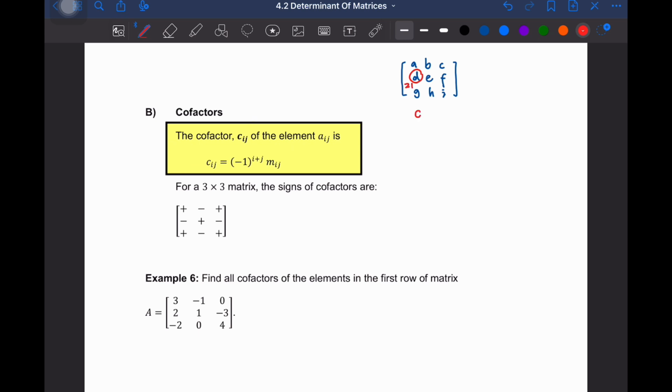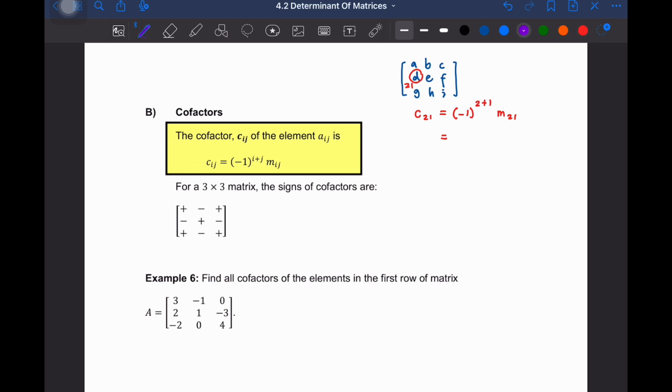So I will write it as C21. Following the formula, we have negative 1 to the power of i plus j. So our i is 2, our j is 1, and then our minor is M21. That is if we want to find the cofactor that is located at element D.